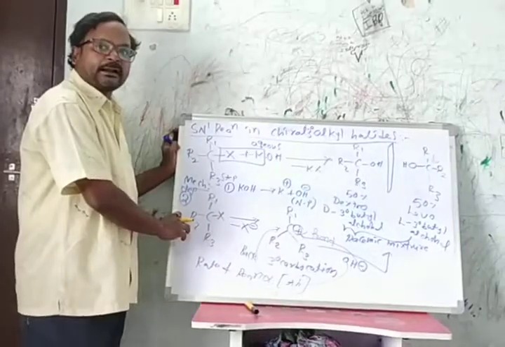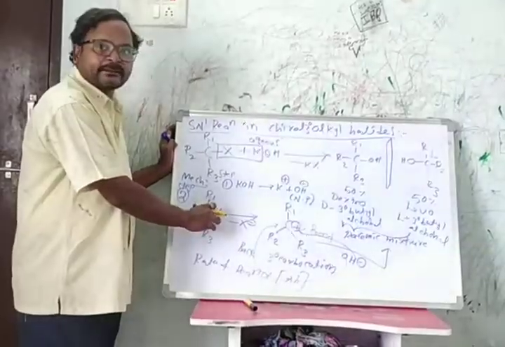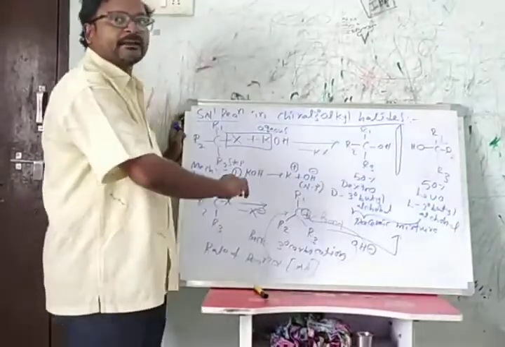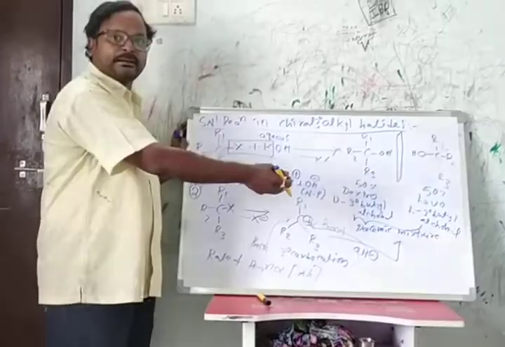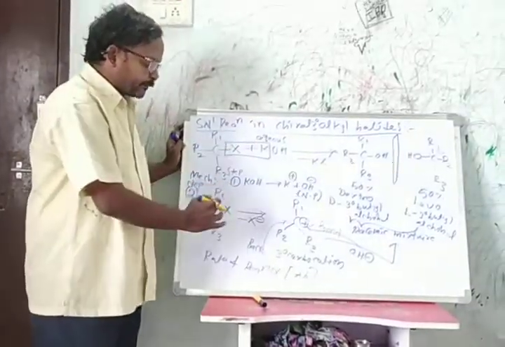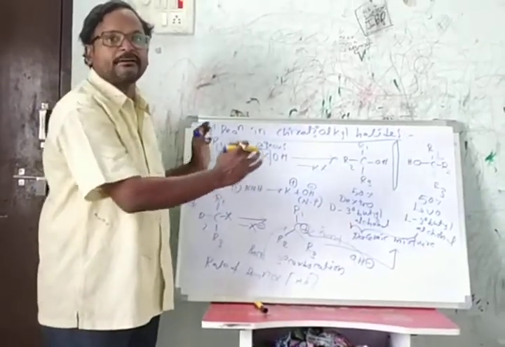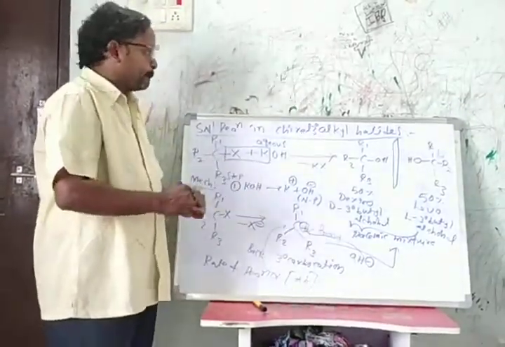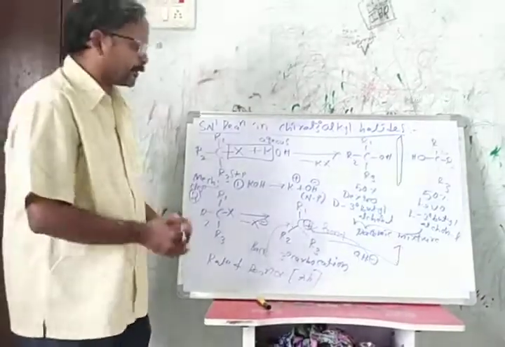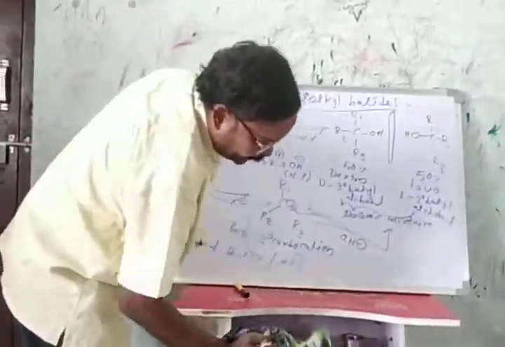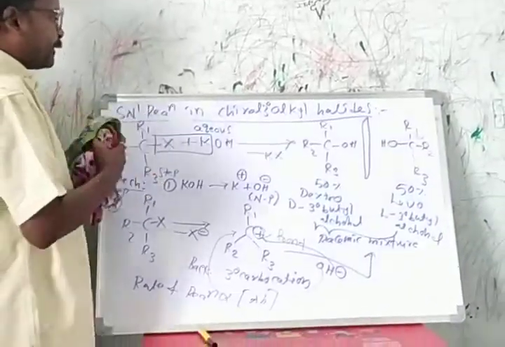When the tertiary alkyl halide loses the X minus ion, only then does the OH minus ion attack and form the racemic mixture. That's why the rate of the reaction depends on the concentration of the alkyl halide only. This is one more topic, SN1 reaction in chiral tertiary alkyl halides. Then in continuation we will see the SN2 reaction.